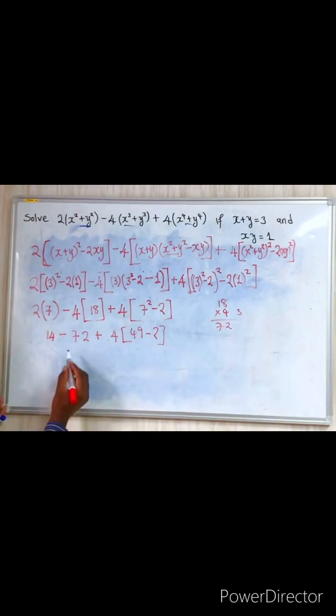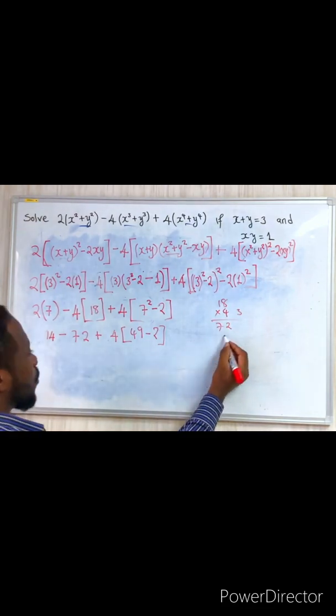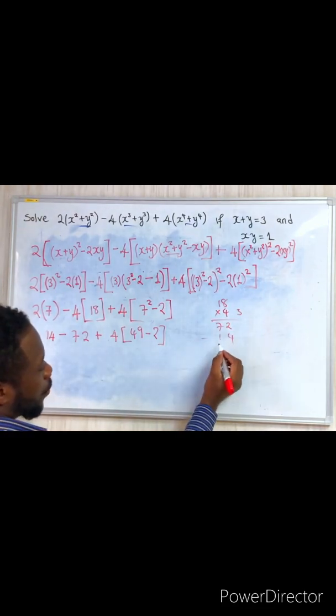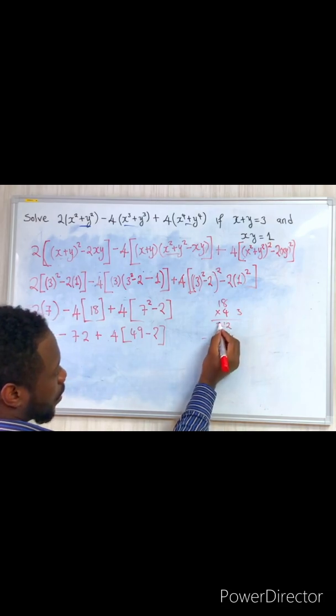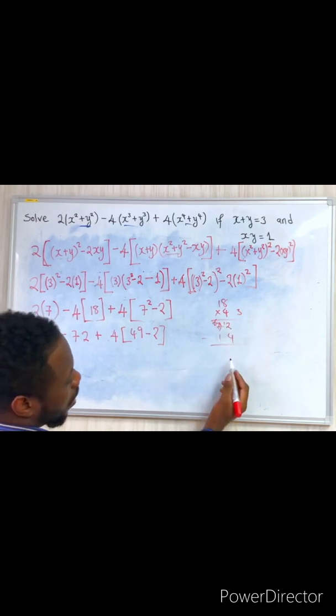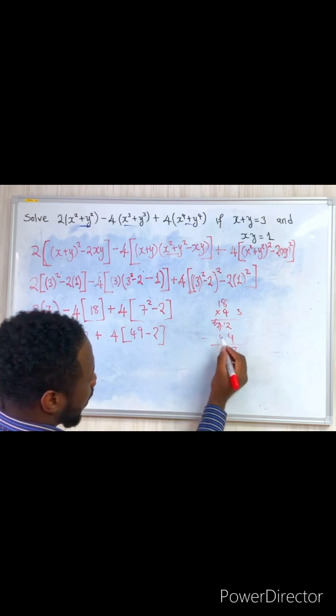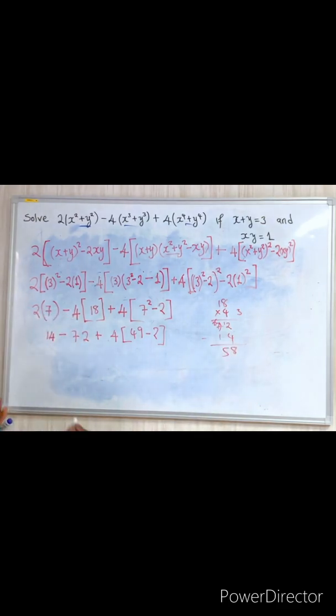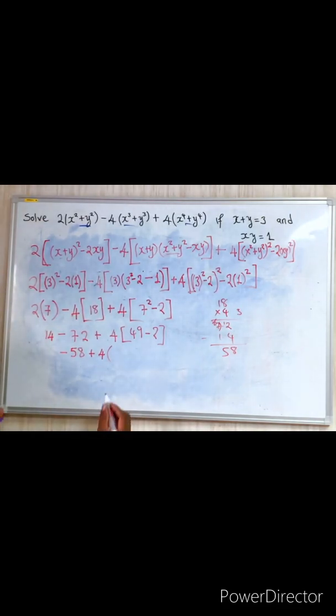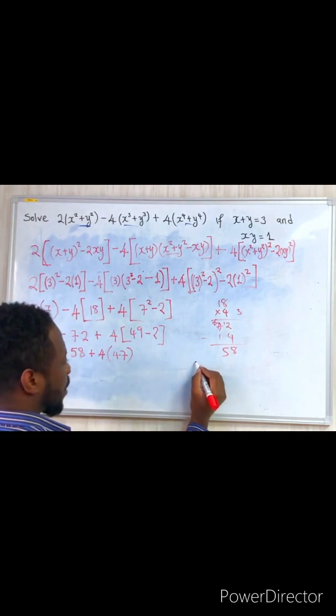When you subtract 72 minus 14, here it's going to be 6. What you remain with is 58. So you have minus 58 plus 4 multiplied by this. When you subtract 49 minus 2, you remain with 47.